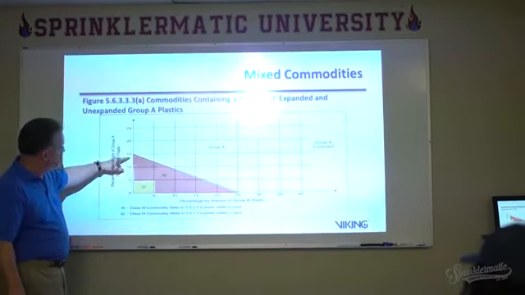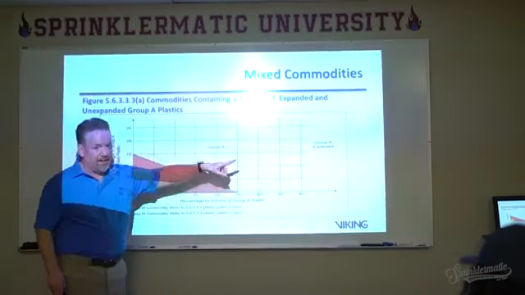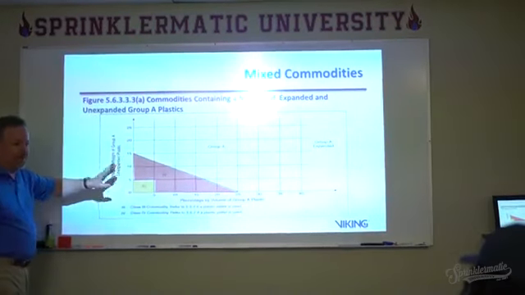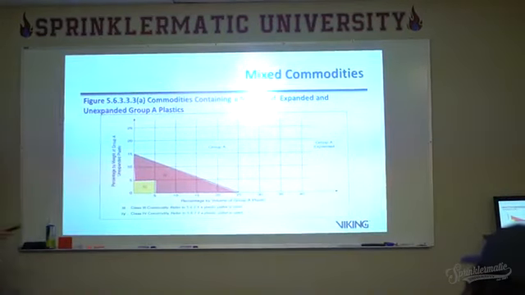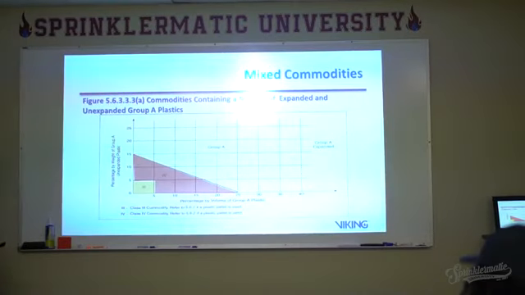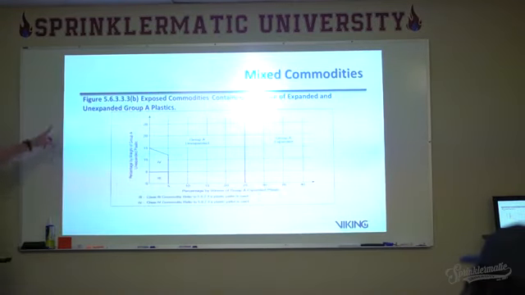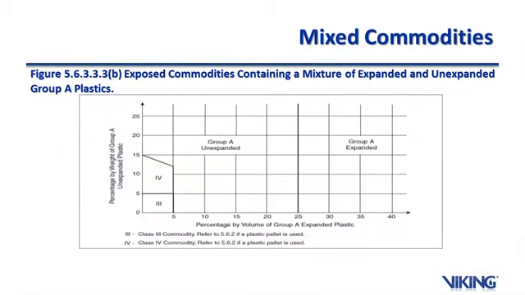We don't want to have 15 and 25. Okay, that would be a lot. All right, the same thing applies in figure 5.6.3.3, exposed commodities containing a mixture of expanded and unexpanded group A plastics. Once again, in this case here, we're saying 5 and 5 or 15 and 5 by volume.